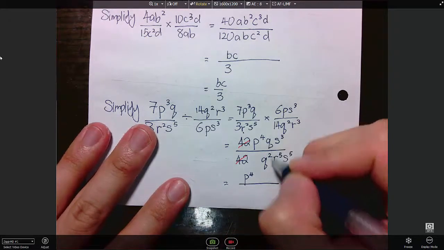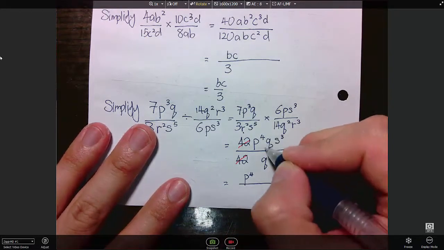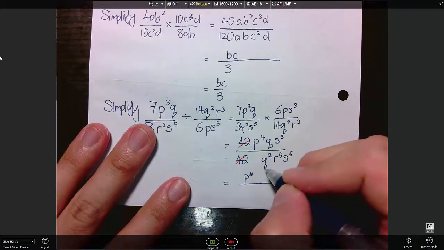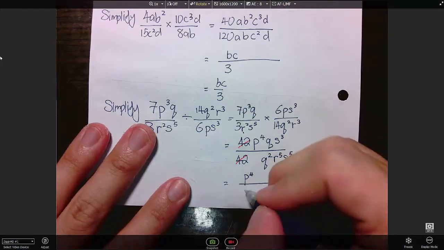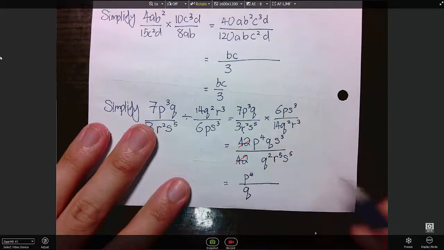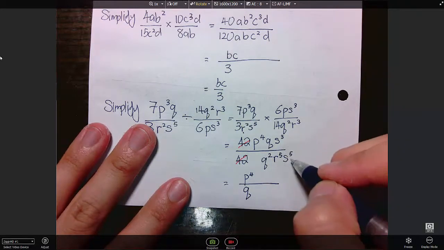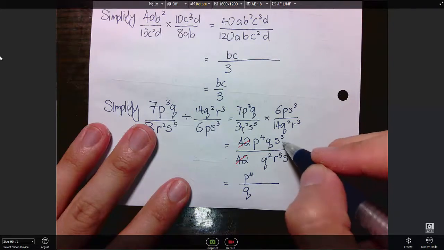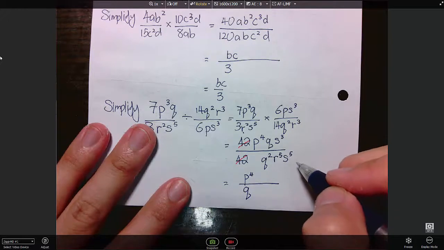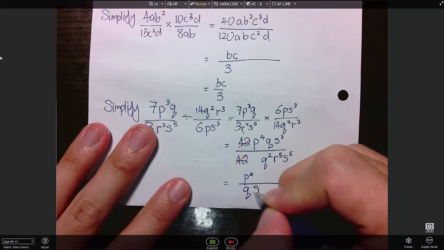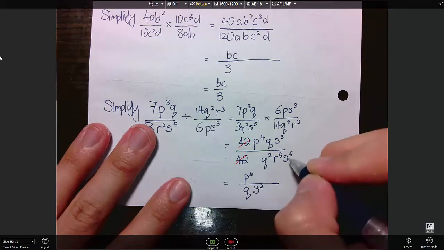q and q square: 1 q will eliminate with 1 q in the denominator, so I'm left with a single q in my denominator. s to the power of 3, s to the power of 5: there are 3 s's on the top and 5 s's below, so we have s square in my denominator.